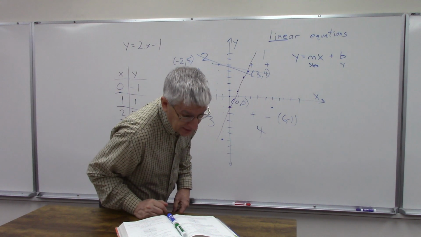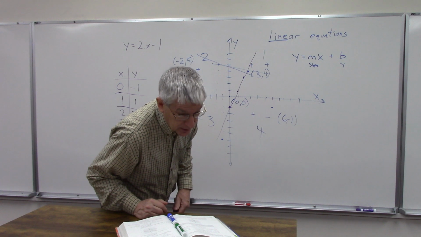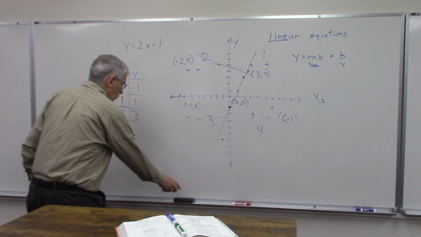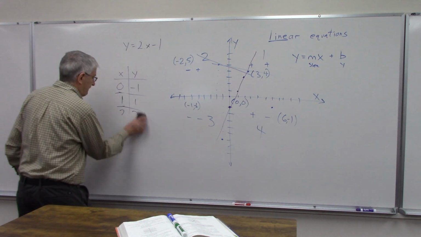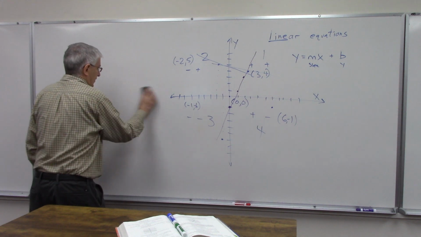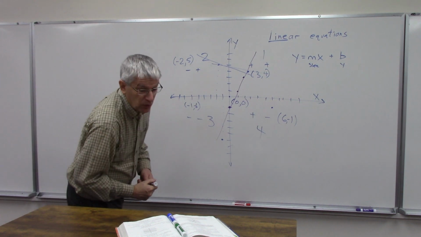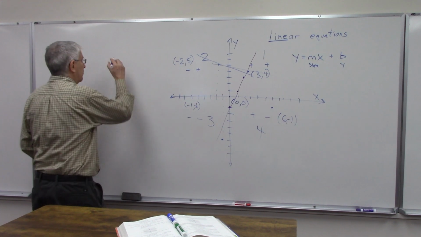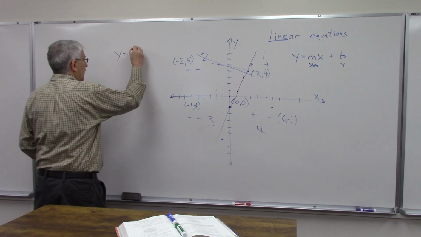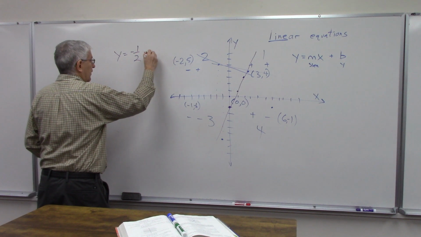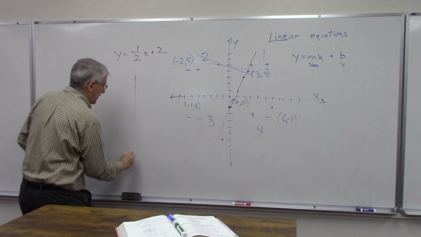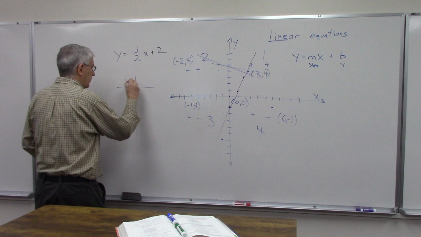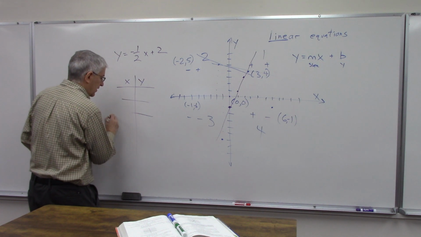All right, let's look at the next example at the bottom of the page. Y equals negative 1/2 x plus 2. Again, I like the vertical x and y.